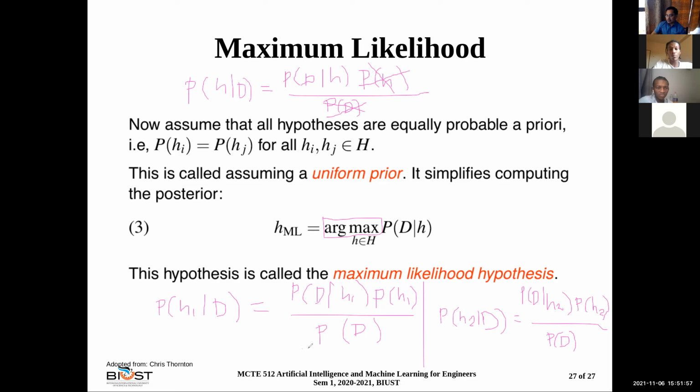We can disregard the denominator because they are the same. Because we have a uniform distribution, the probability of H2 is equal to the probability of H1. These are all equal, so you can disregard that one as well, because they're just the same number.